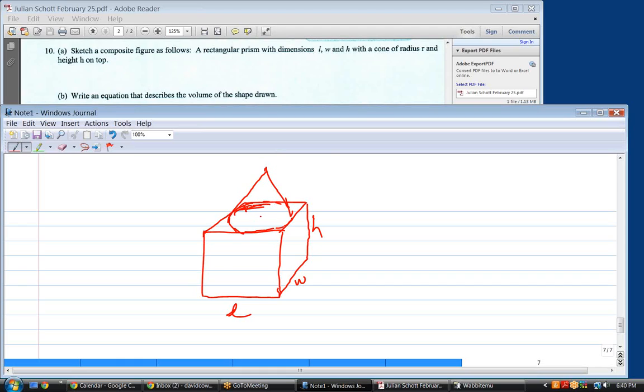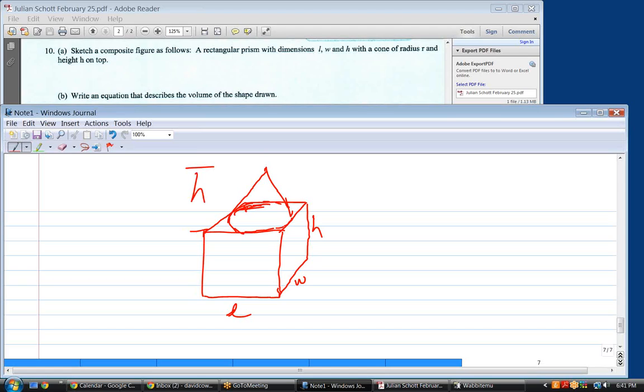Now, the radius of the cone is 1/2 of L. When they said a height H on top, I'm not sure if they mean the same exact H as this H or not, but we'll assume they do. So that's H, the height of the cone.